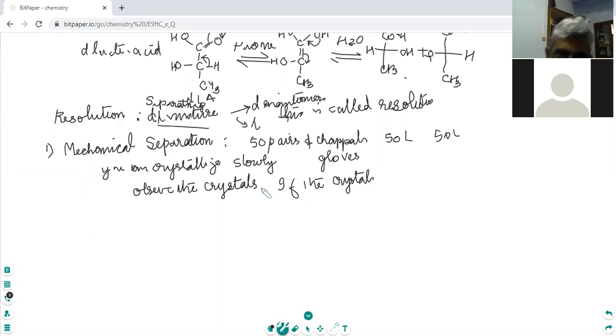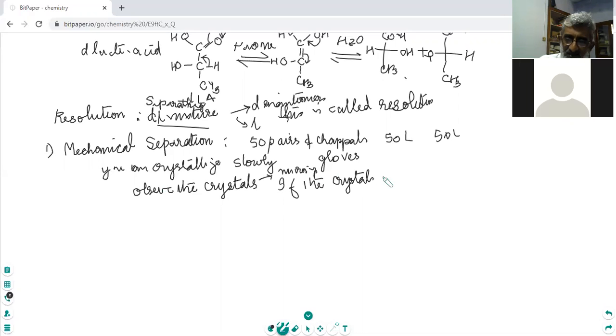See here, it is not directly that you observe the crystal. It's better that you observe the crystal through a microscope. It is not possible to identify the crystal in nature by your naked eye. So you have to observe this through a microscope.